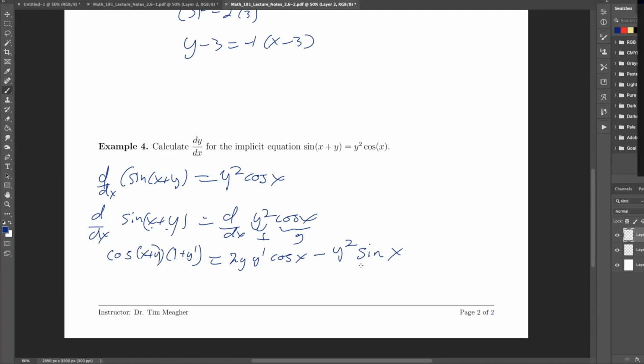Then what do we do from here? We move everything that has y prime to one side and everything else to the other. So here I'll have cosine of x plus y times y prime. And then I'll move this y prime over, minus 2y y prime cosine x. And then I'm going to move this over to the other side, so minus cosine of x plus y, and then minus y squared sine of x. And then here you just factor out the y prime, so it'll be y prime times cosine of x plus y minus 2y cosine x.